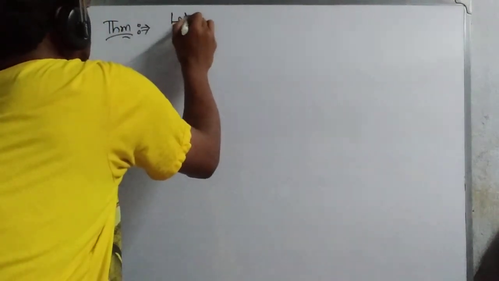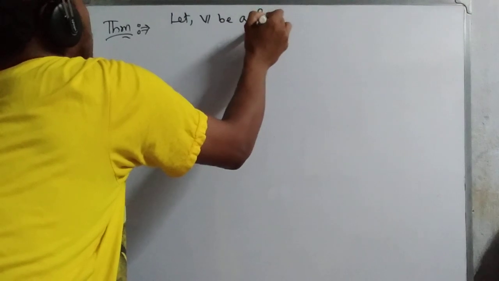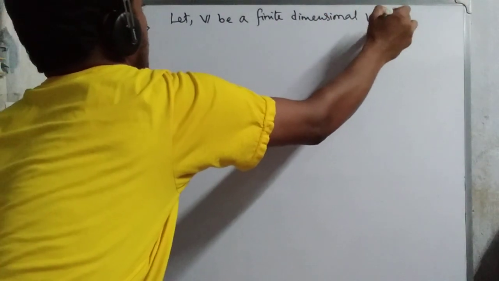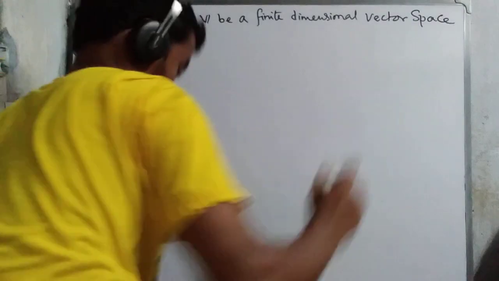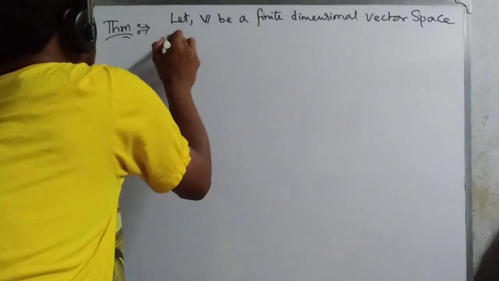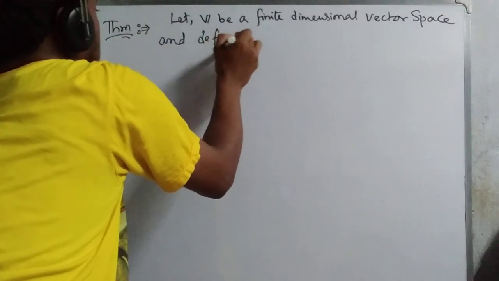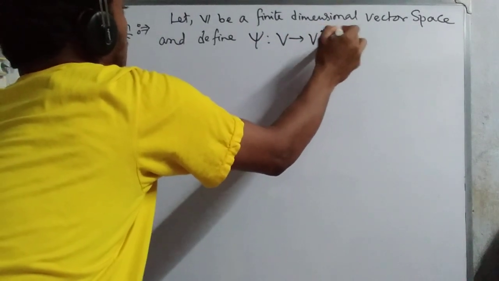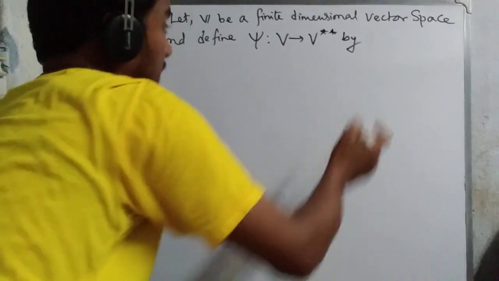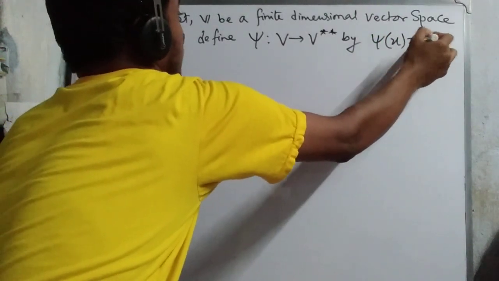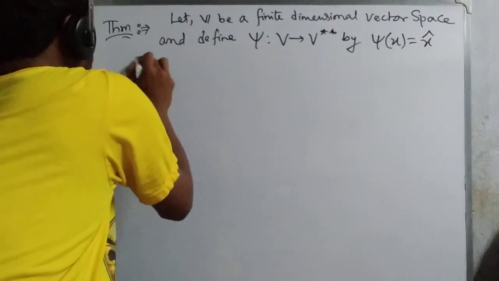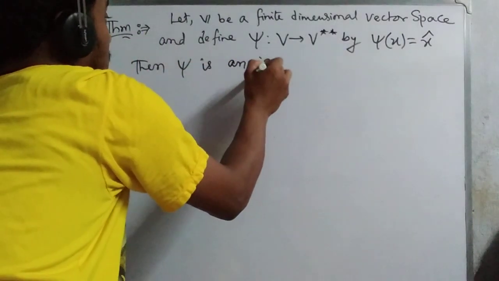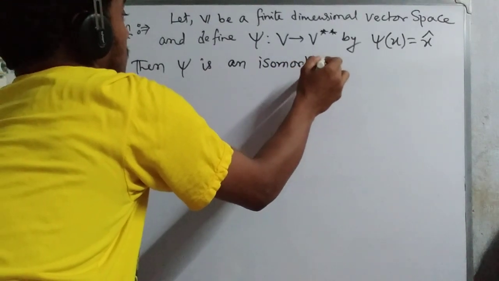Let V be a finite dimensional vector space and define psi from V to V double star by psi of x equal to x cap. Then psi is an isomorphism.